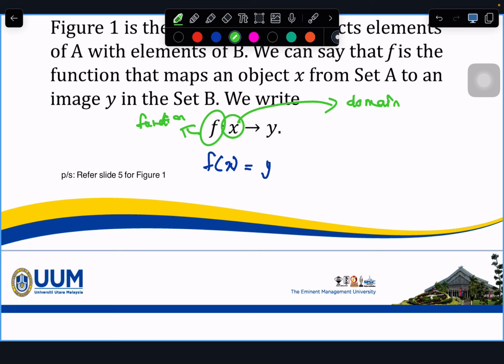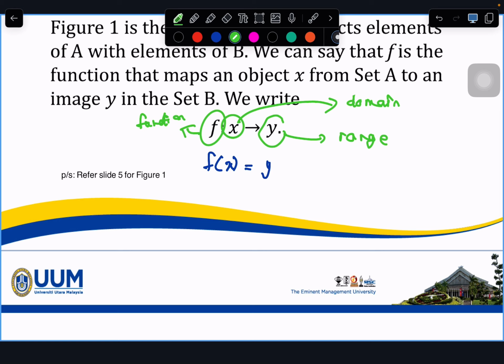So we know f is functions, x is domain. Where is your range? The arrow y, yes. So y is range. Y is range, correct? X is domain, f is a function.